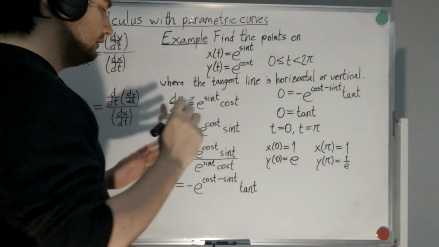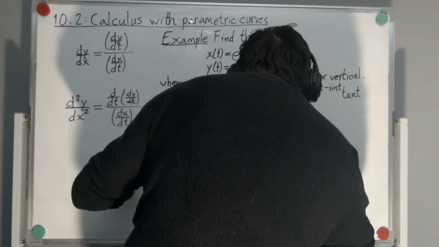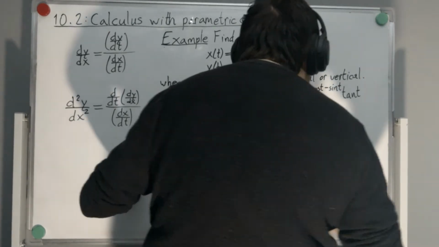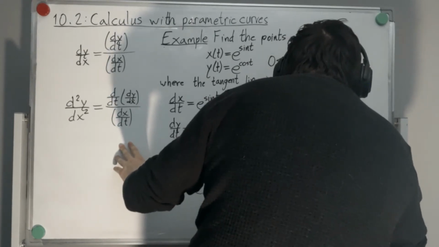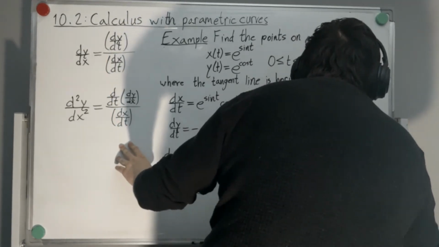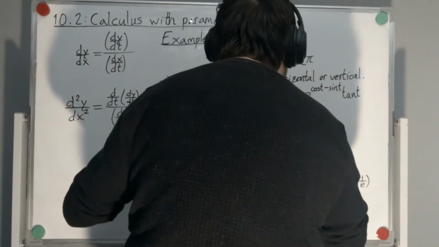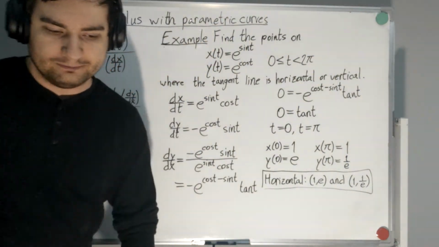Okay? So what we get here is that we have a horizontal tangent line at the points (1, e) and also (1, 1/e). Okay, so that's the first part.